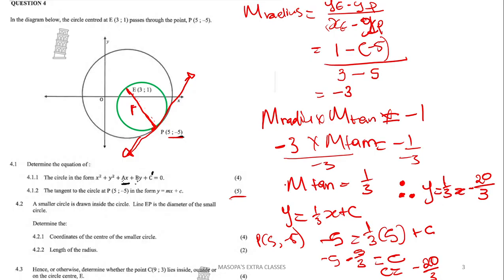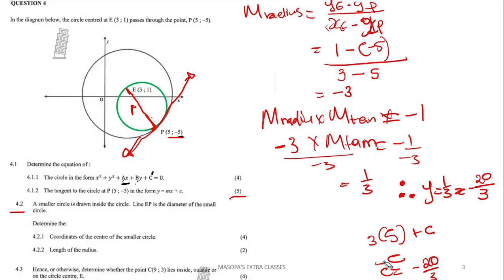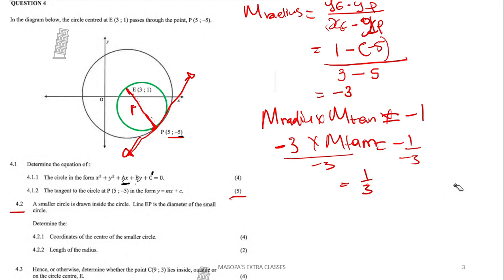Okay, now when you look at 4.2, they are saying that we have a smaller circle that is drawn inside a circle. So the small circle I made for you, you're going to focus on the green circle right now. And they say that now the line EP is the diameter of the small circle, meaning that the radius of the big circle is now the diameter of the small circle.